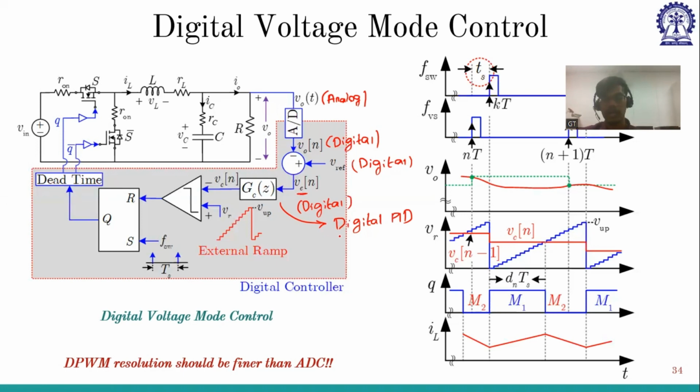So this is digital PID, the implementation of digital PID in Verilog. All those things will be coming in the next weeks. And again, this is a ramp. In the case of analog, you are generating a ramp, like this, it is a smooth function. Whereas in the case of a digital controller, this is not a ramp anymore. It is coming from the counter.